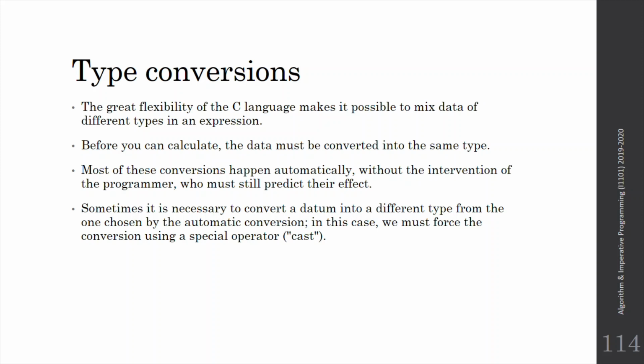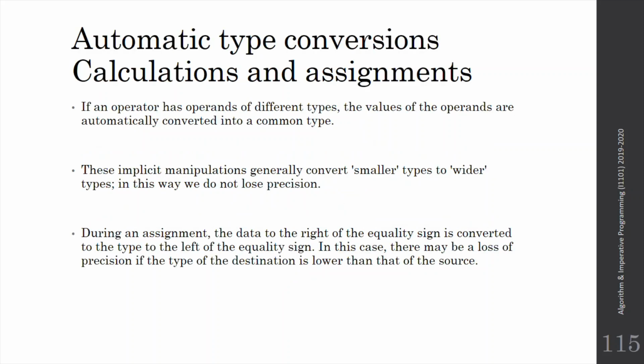One of the questions that arises is what we have to do when we have multiple types in a single expression or instruction. So how does it operate? For this, we have to take into account that some automatic conversion occurs, and sometimes the programmer forces the conversion by using casting. So we'll cover these two aspects.